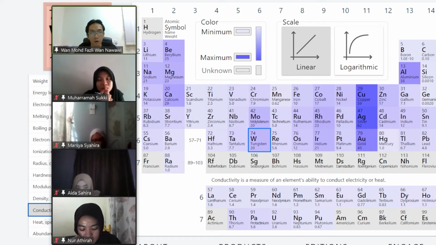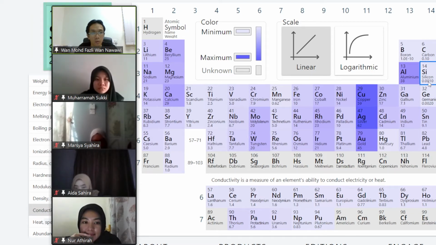But if you look at the non-metals here, you can see the conductivity is very, very low, 0.0001. When you divide and the denominator is very small, then you get a high result.